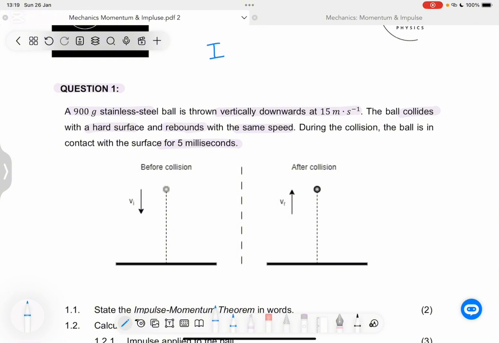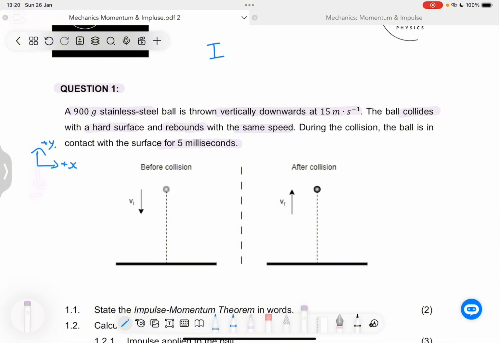The first thing that I'm going to do here is choose direction, because I've realized that this object has directions. It moves downwards. So I'll choose anything that goes to the right as positive and anything that goes upward as positive.